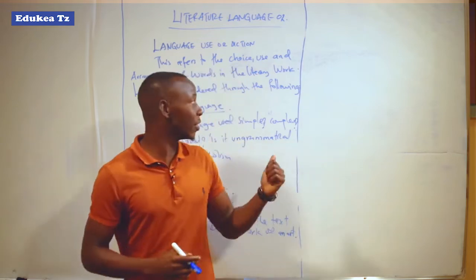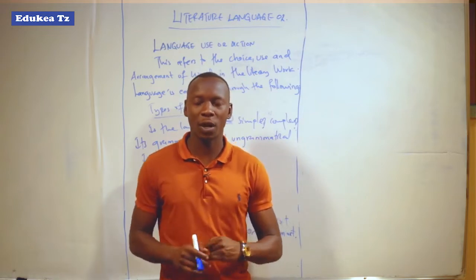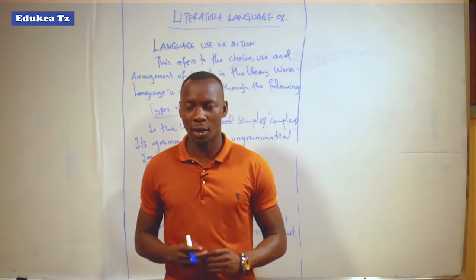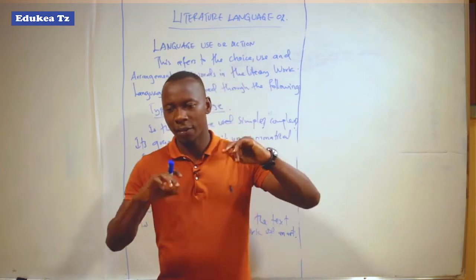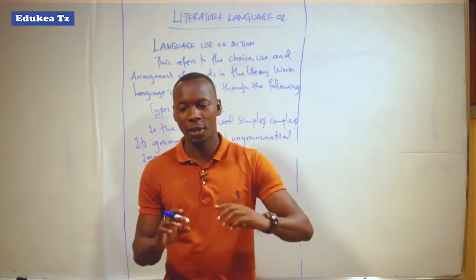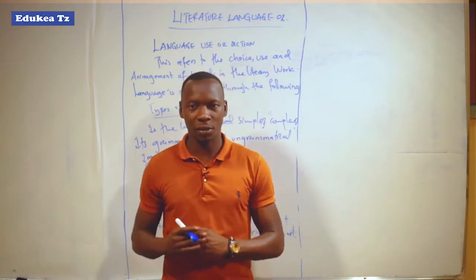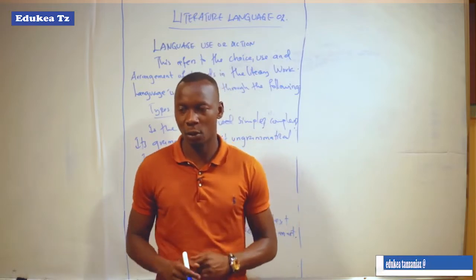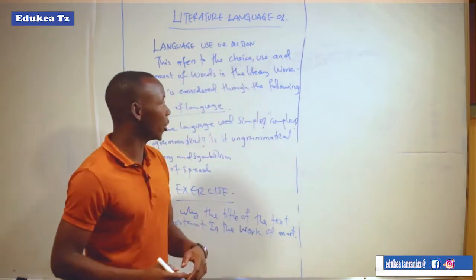But when you are talking about the literary language, we are talking about the language of art that sometimes you can find in the dictionary, but you cannot get the meaning, or you cannot find words that consist of a direct meaning. Normally these terms are ambiguous, or have multiple interpretations or multiple meanings. That is the meaning of language use or diction.